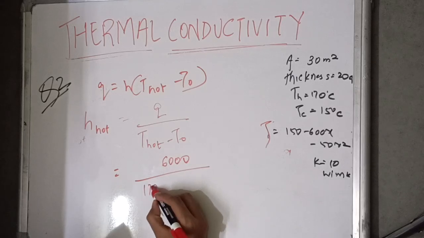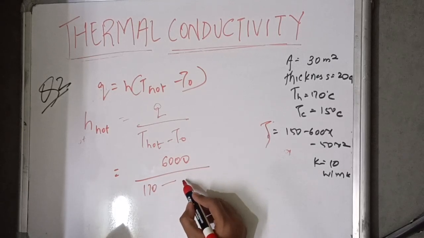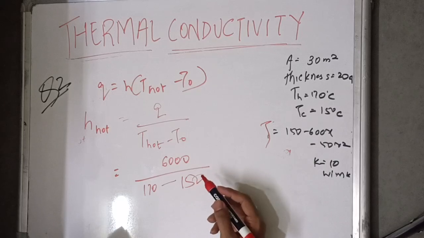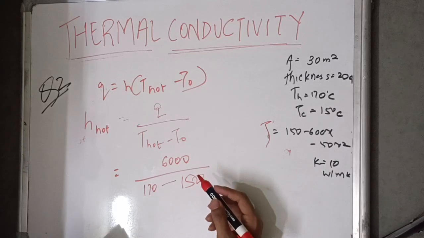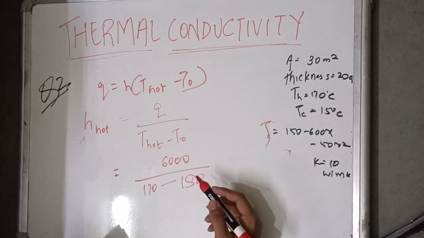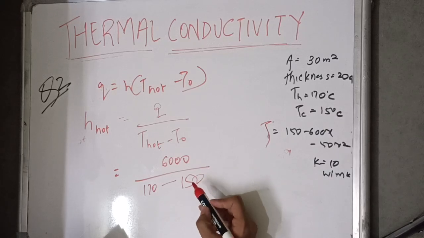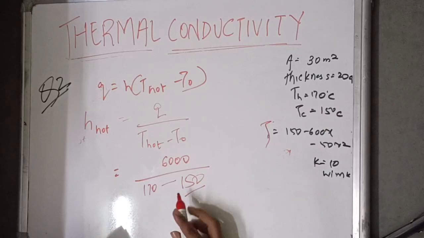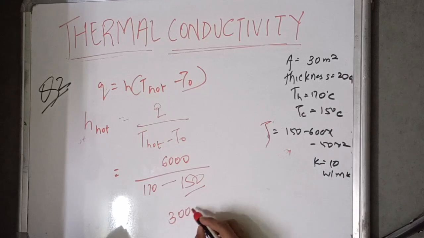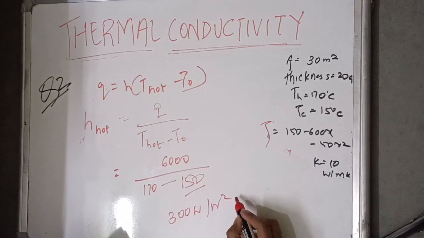The temperature at 0 centimeter from the wall is 150. After calculating we get 300 watt per meter square Kelvin at the hot surface.